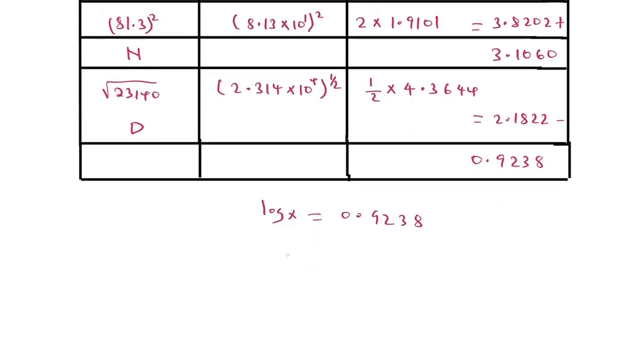We are going to have x equals antilog 0.9238. Okay, so now reading the value of this one from the antilog table, we are going to have x equals 8.3907, and this is going to be our answer.